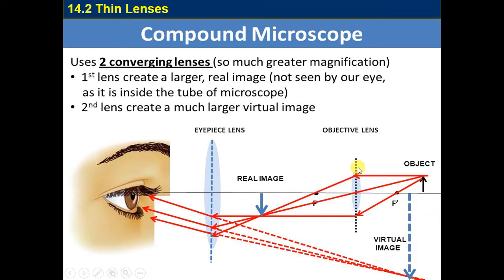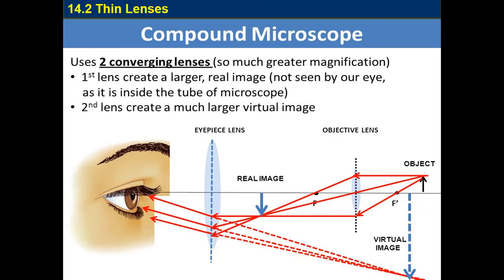Okay, by the way, what is the type of objective lens and eyepiece lens? Are they converging lenses or diverging? What do you expect? For sure they are converging. Why? Because only converging lens can produce an enlarged image, right or no?